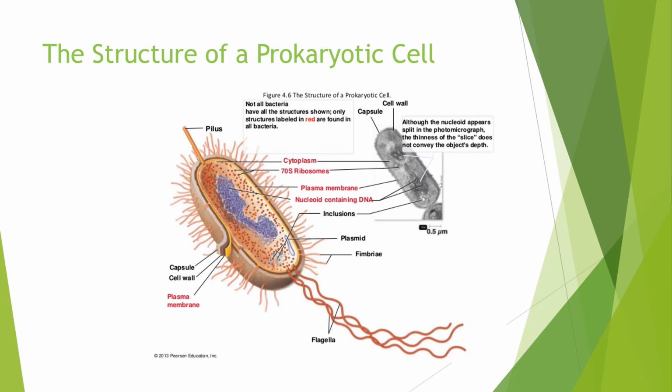If we take a look at the structure of a prokaryotic cell, all prokaryotic cells have plasma membrane. They have cytoplasm, which is the fluid inside of the cell. They have ribosomes, and the ribosomes of prokaryotes, we refer to as 70S ribosomes. Humans and eukaryotes have ribosomes, but we don't call it 70S. It's 80S for eukaryotes. All prokaryotes have DNA.